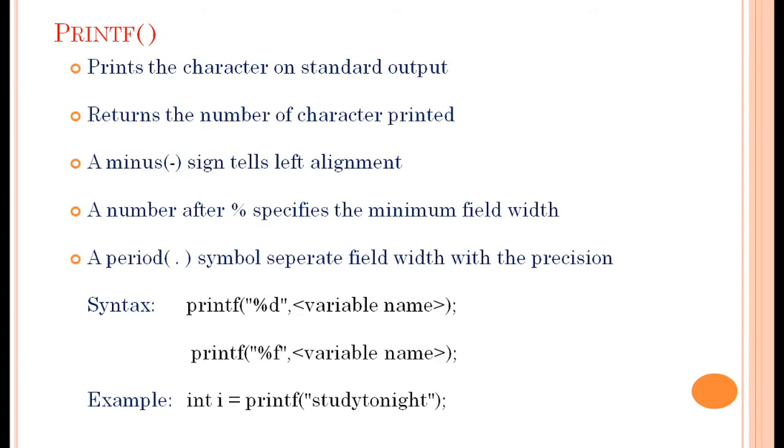So now we will go through the printf. The standard input output header file named stdio.h contains the definition of the functions printf and scanf, which are used to display output on screen and to take input from user respectively.